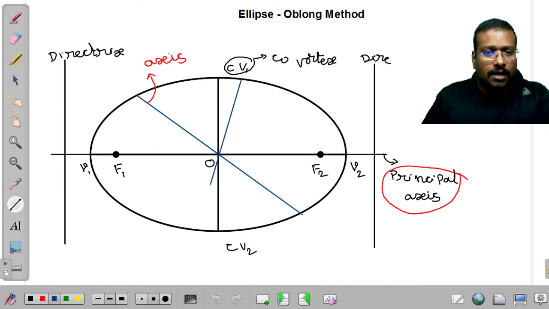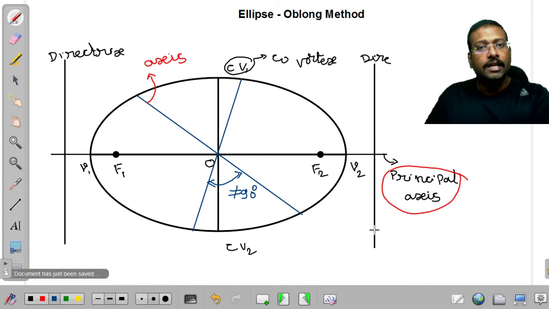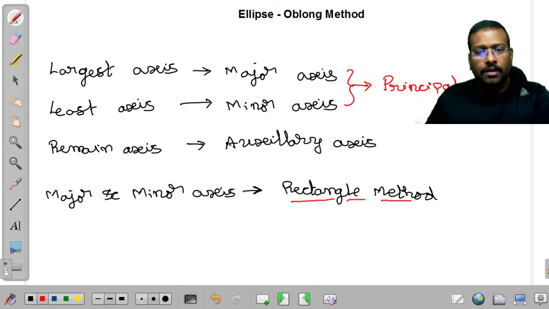If you observe here, this particular angle is not equal to 90 degrees. Whenever the auxiliary axes are given and the angle between those axes is not equal to 90, then we are going to use the parallelogram method. So one is the rectangle method. What is the other method? The parallelogram method.